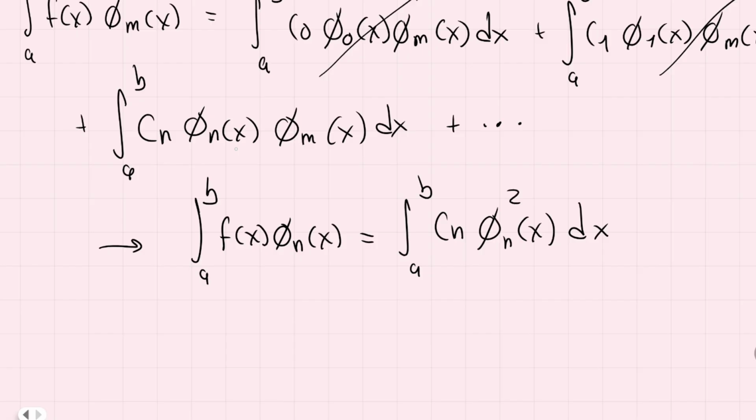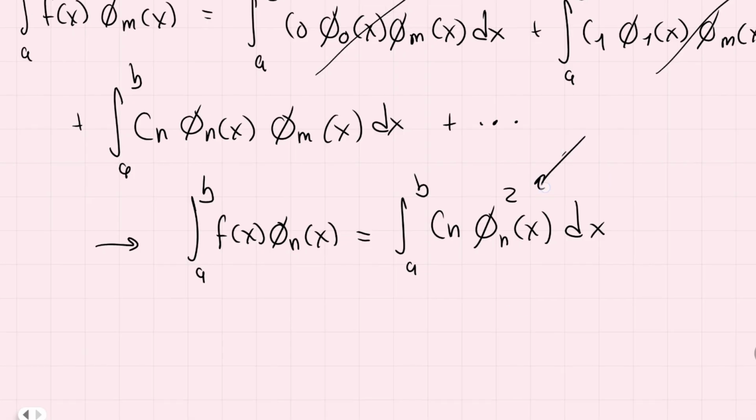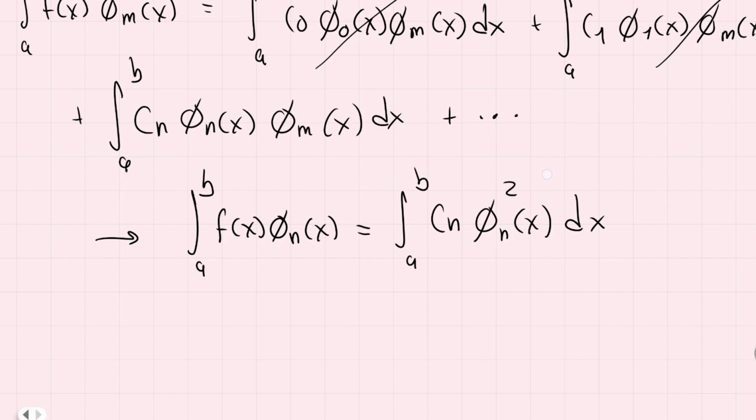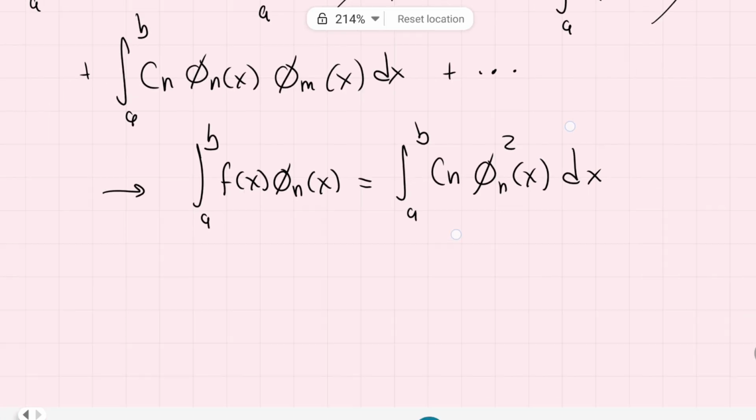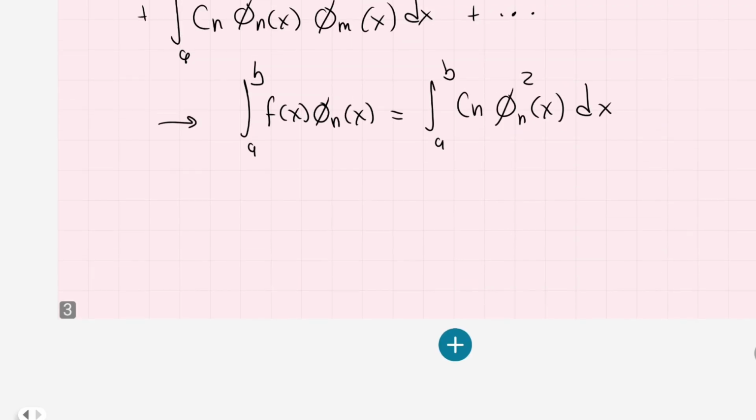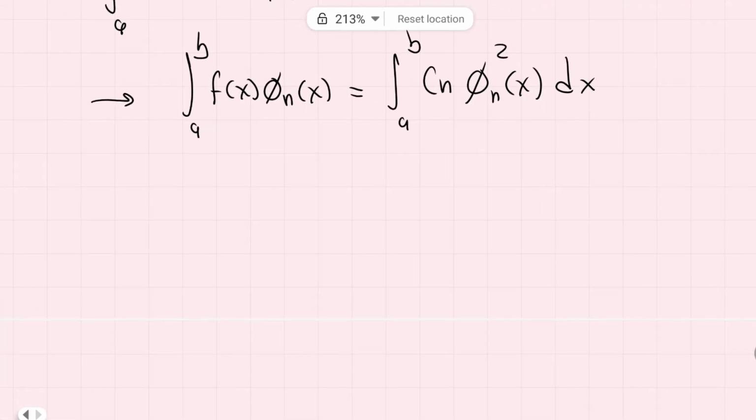So that means that we have two copies of phi n of x, given that this is equal to phi n squared. Okay, perfect. But looking that cn is a constant, well, we can take it out of the integral to get the next relation.